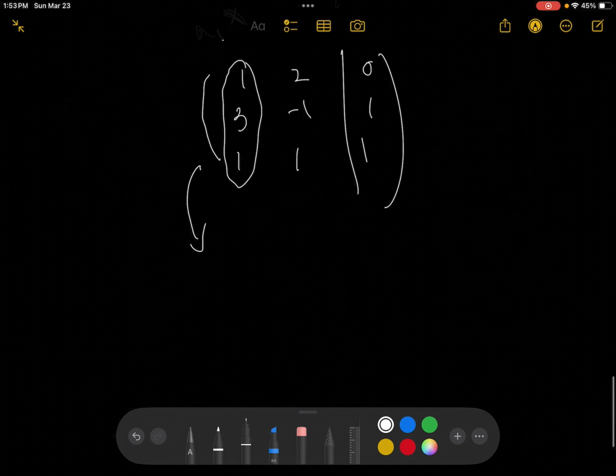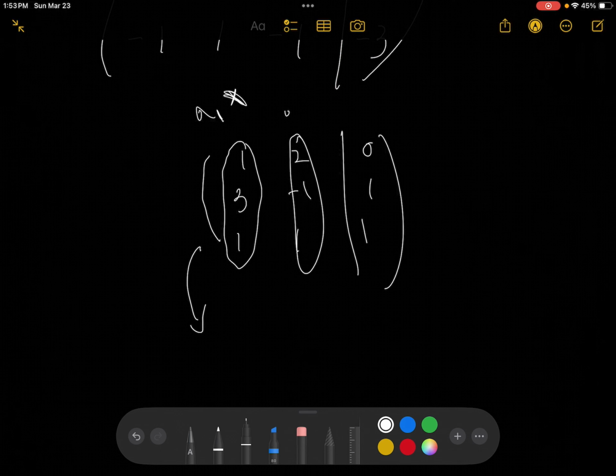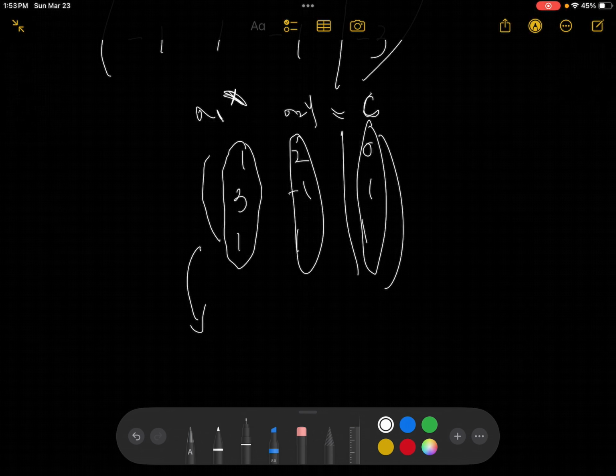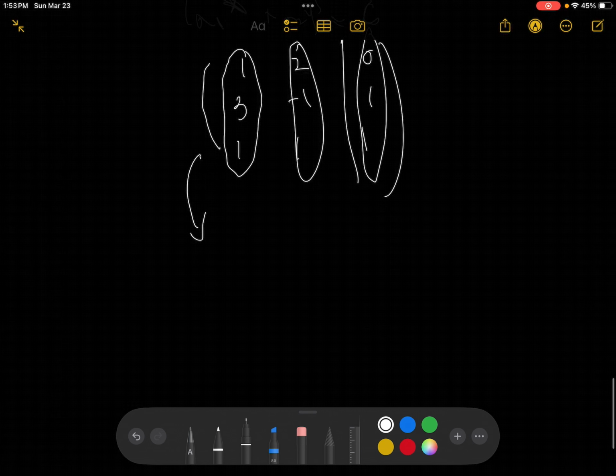Let's make our first variable x. And all these are going to be the coefficients in front of our second variable. Then we're going to have an equal sign, and these are going to be all the c terms that our variables are equal to. So we can convert this matrix into a system of linear equations, and what that system looks like is this.